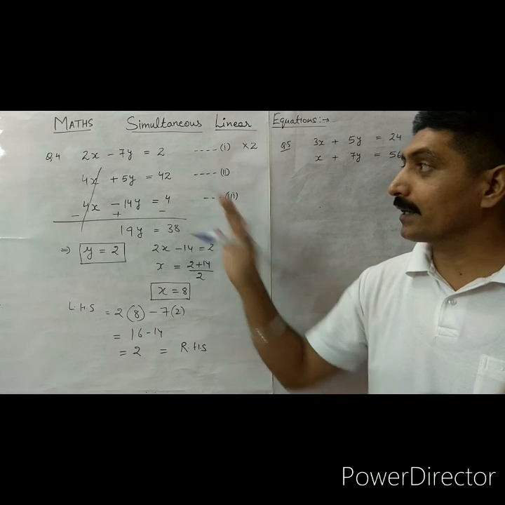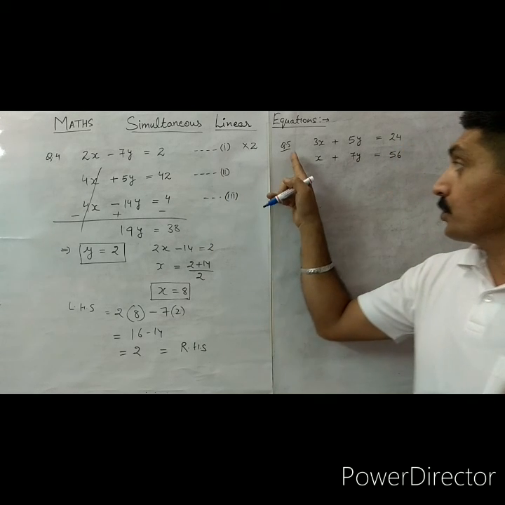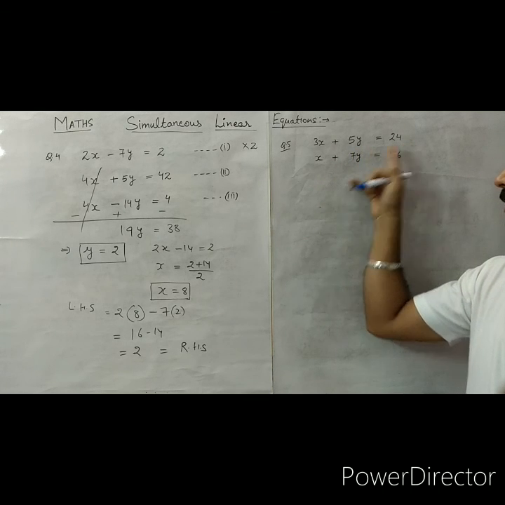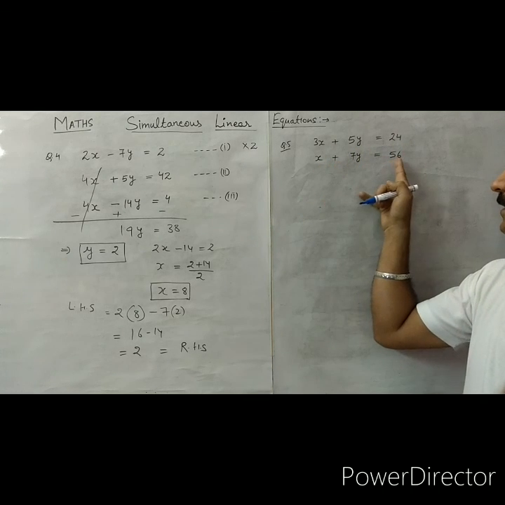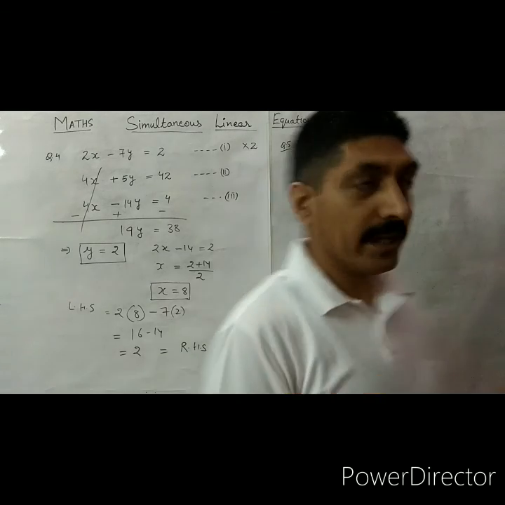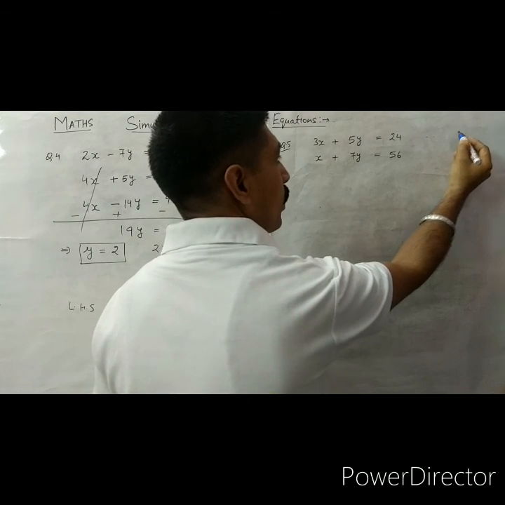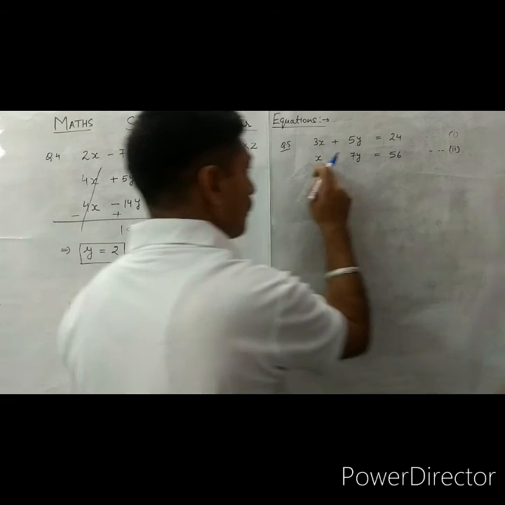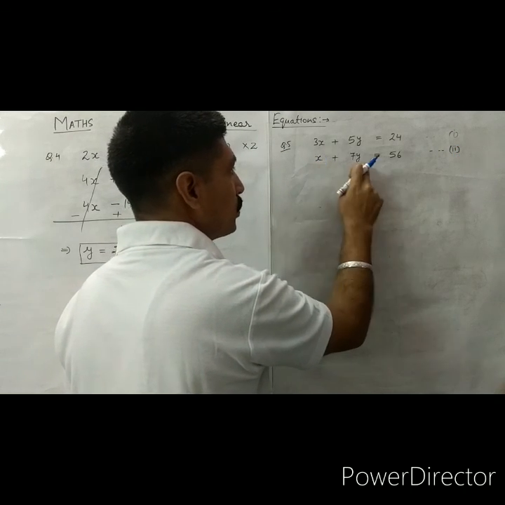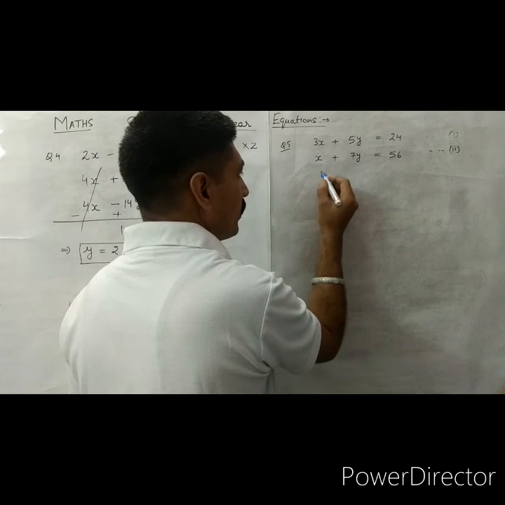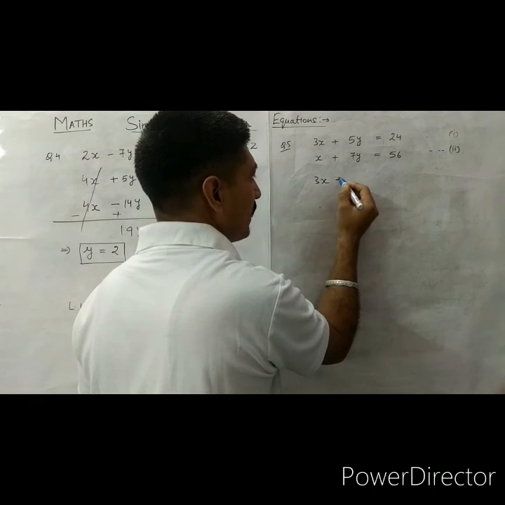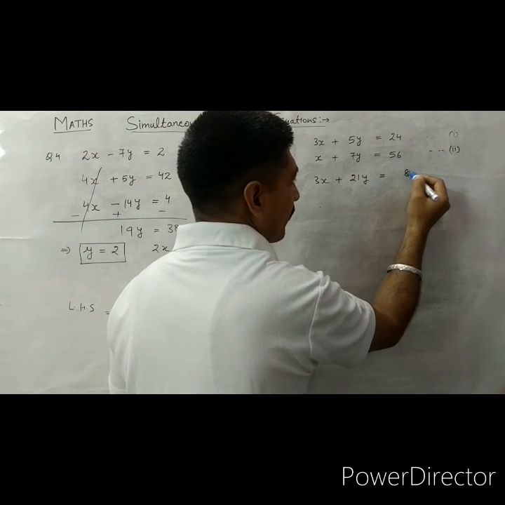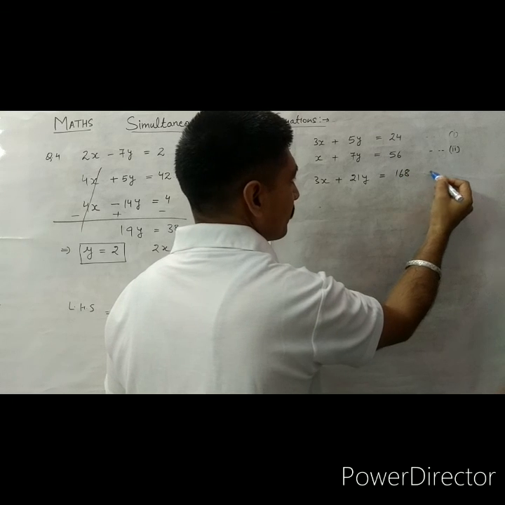Now question number 5, 3x plus 5y is equal to 24 and x plus 7y is equal to 56. So here again, this is equation number 1 and this is equation number 2. Multiplying equation 2 by 3, we get 3x plus 21y is equal to 168.